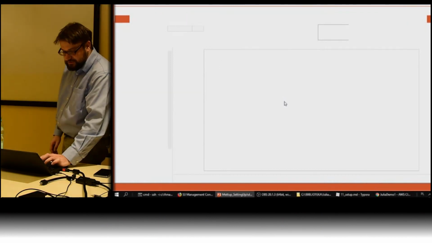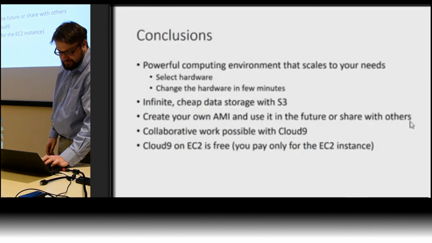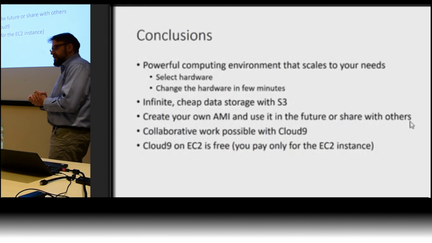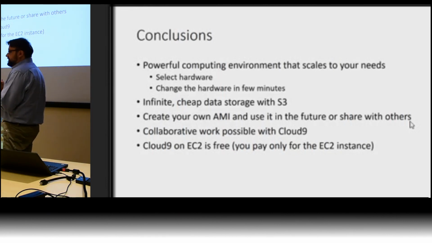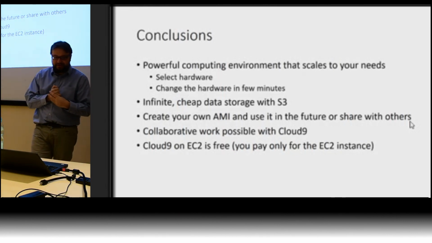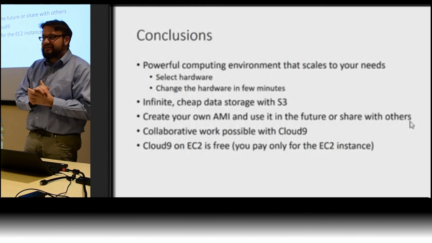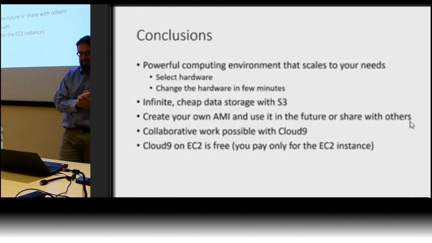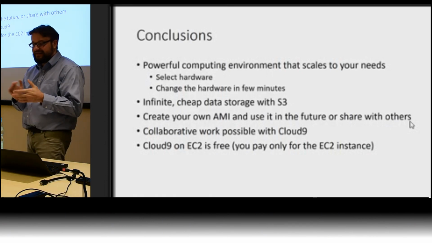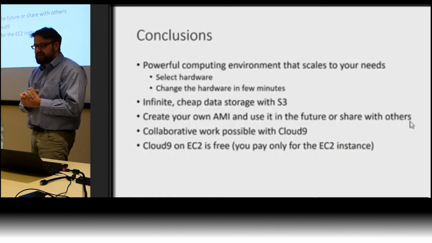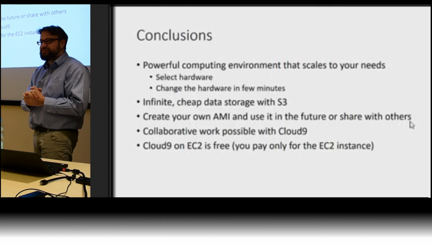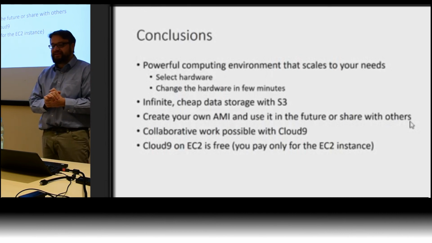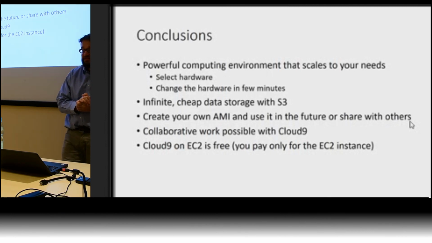So to conclude, what we get here is a very powerful computing environment, and it scales to our needs, and this is something I really like about using EC2 with Julia. I can select how many servers I want or how big they should be, and every time my computational results get ready before my coffee gets cold.